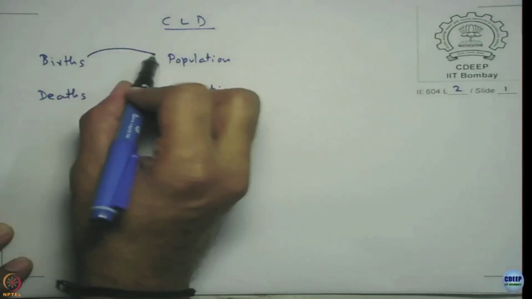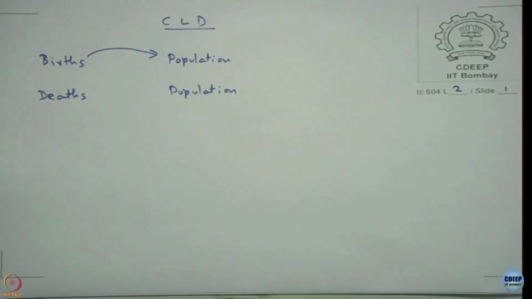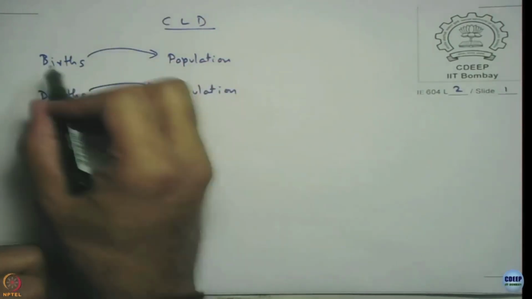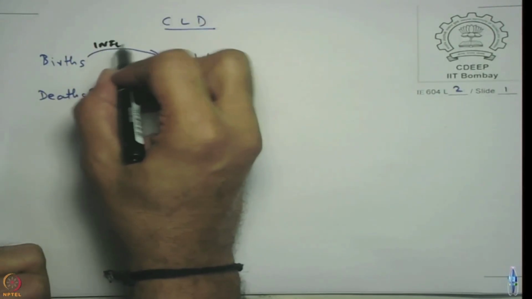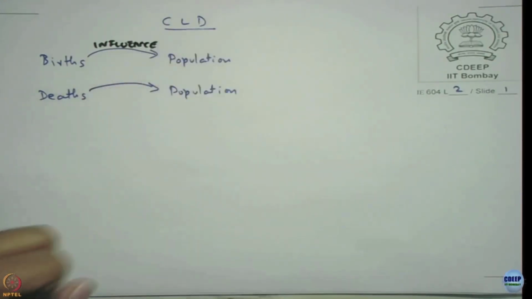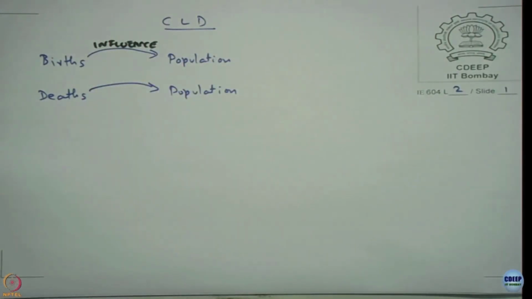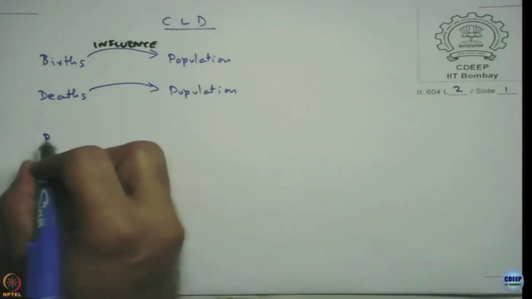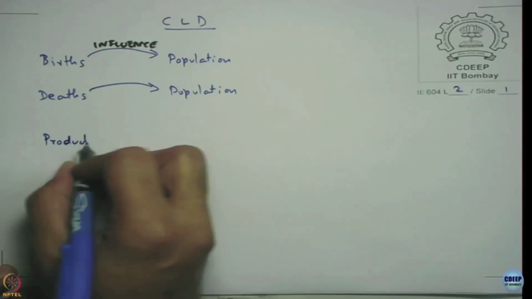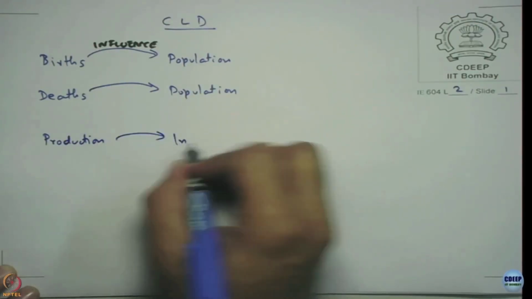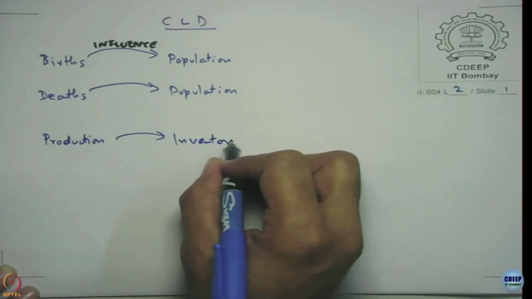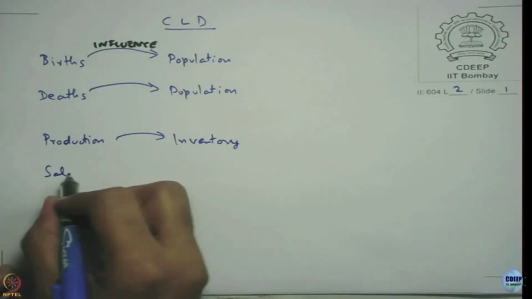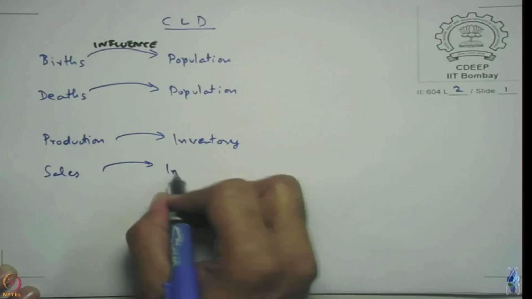Here we can say, births influence the population, deaths also influence the population. And we can construct many such examples, like production affects inventory, sales also affects the inventory.